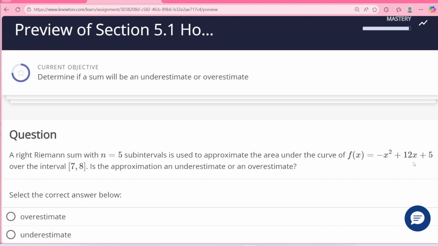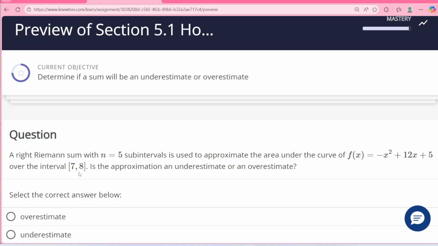So look, another quadratic, parabola opening down, the axis of symmetry, the middle of it, would be at x equals 6. If you look at the derivative, -2x plus 12, that's equal to 0 at x equals 6. This interval is to the right of that. You're on the interval from 7 to 8. So it's a parabola opening down, and you're on the right half of it.